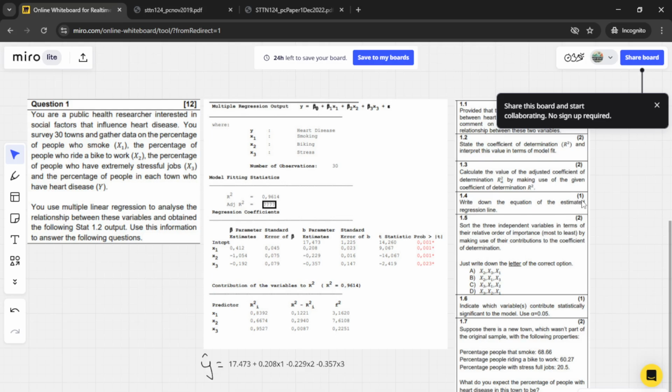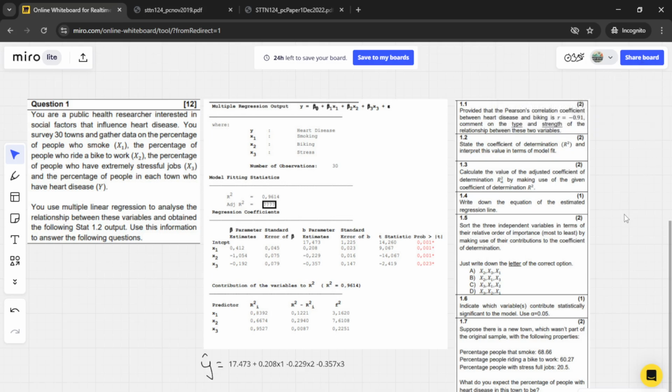It's 1 mark, so that is why you don't have to use the calculator, you don't have to stress a lot about it. You're just going to look at it over there, and then you're going to write it down. So you're going to say y estimated equals 17.473 plus 0.208 x1 minus 0.229 x2 minus 0.357 x3. You just write it down like that, and you're going to get your 1 mark.